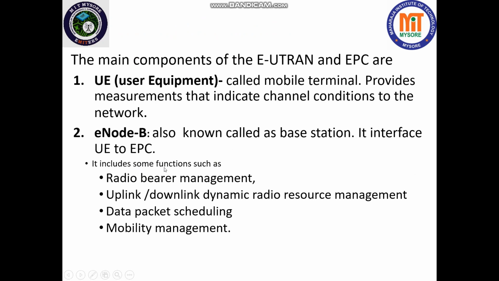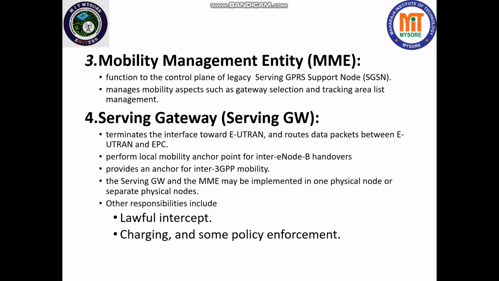It includes some of the functions such as radio bearer management, that is allocation of different frequency for different users, uplink downlink dynamic radio resource management, data packet scheduling, mobility management. These are the functions of eNode B.